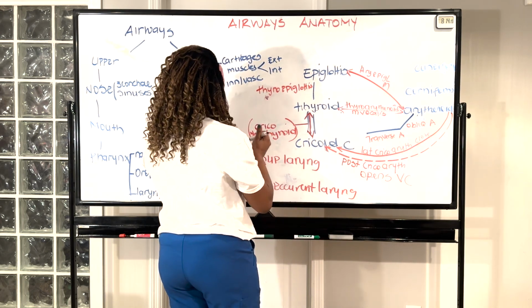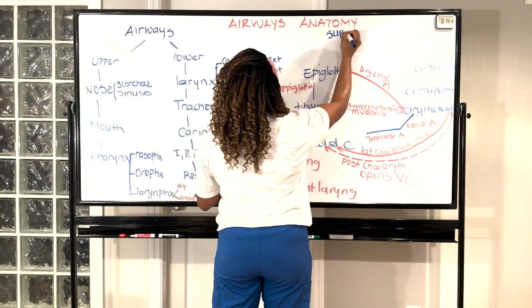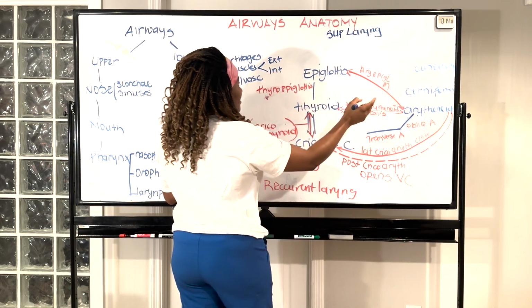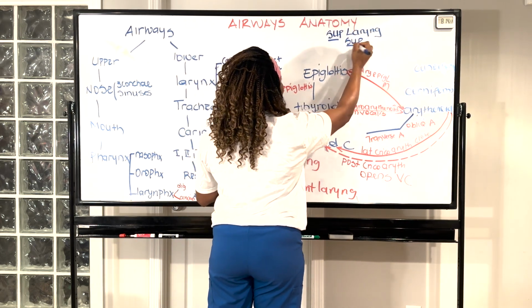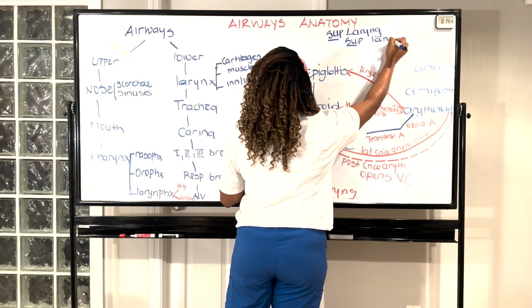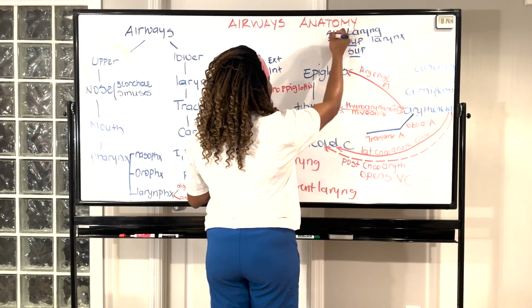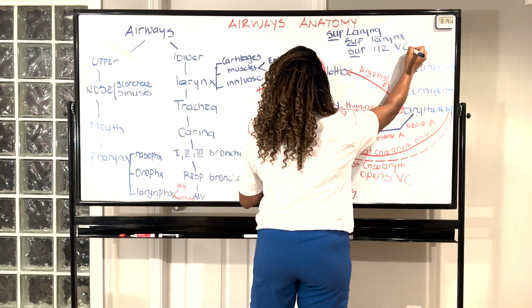But this is easy. So the superior laryngeal nerve innervates the superior part of the larynx, and the superior half of the vocal cord.